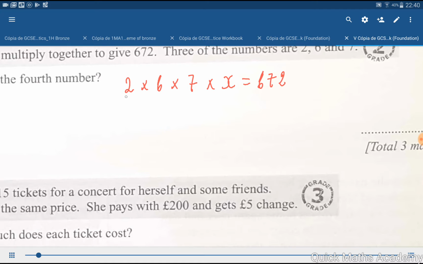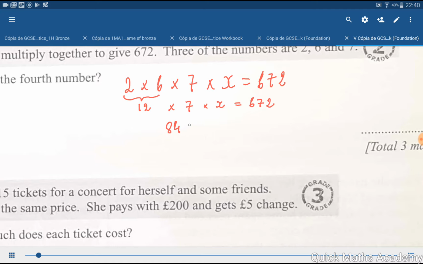So 2 times 6 is 12. And so we have 12 times 7 times x equals 672. Now 2 times 7 is 14. Spare 1. 7 times 1 is 7, with 1, 8.